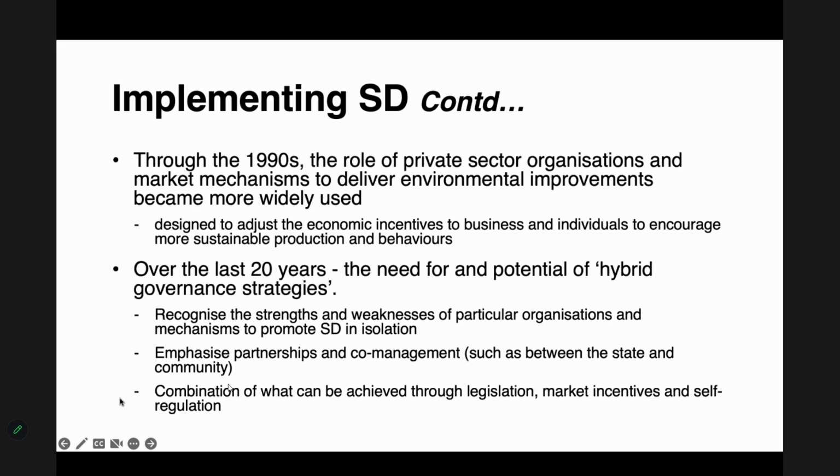But in the last few decades, after the 90s, people are starting to recognize the role that private sector organizations and the markets can play in order to deliver environmental improvements.